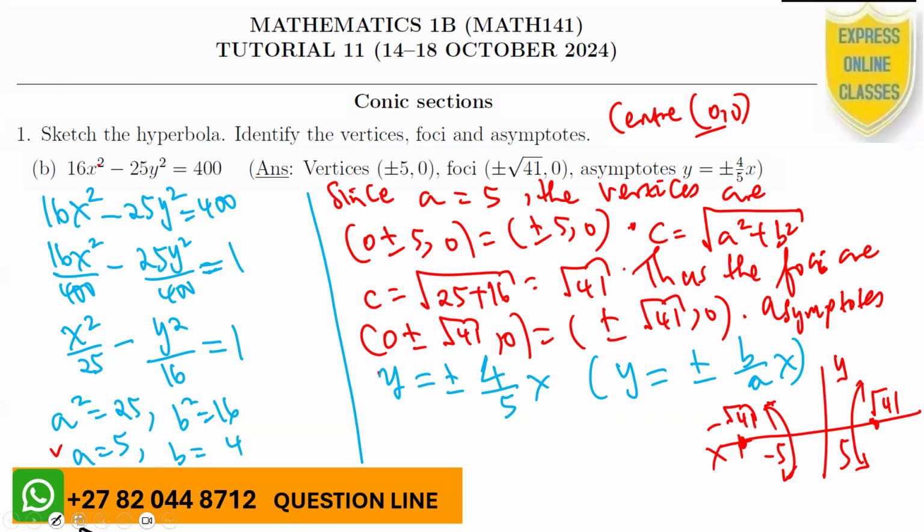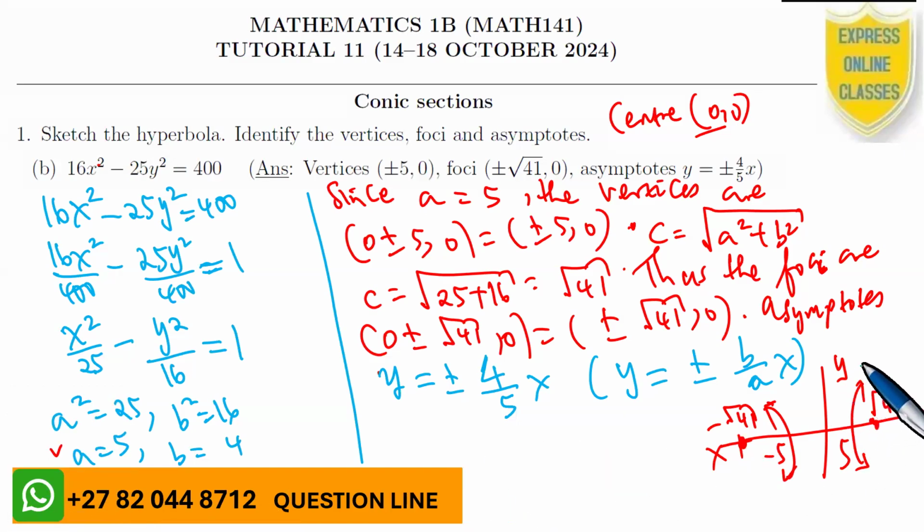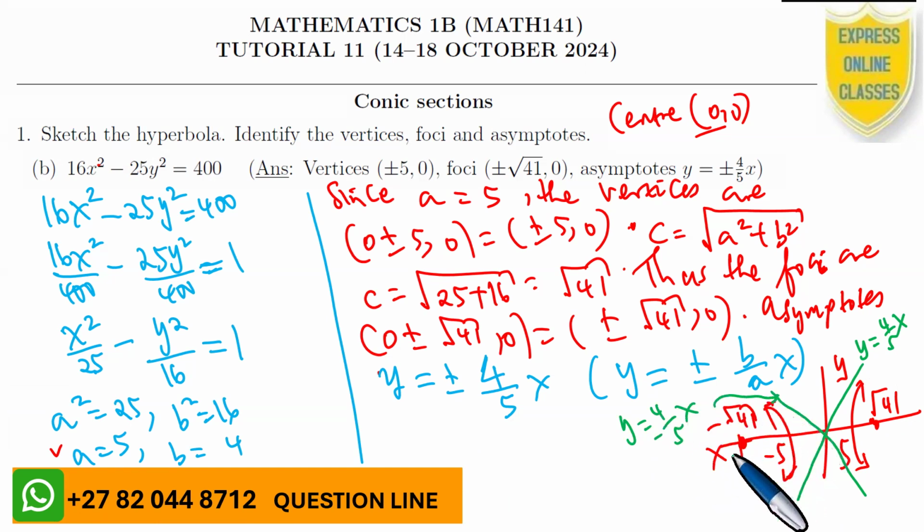Through the origin, there are the asymptotes: one with a positive slope like this, the other with a negative slope like this. So y equals 4 over 5 x, and y equals minus 4 over 5 x.